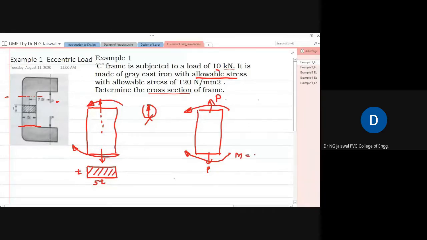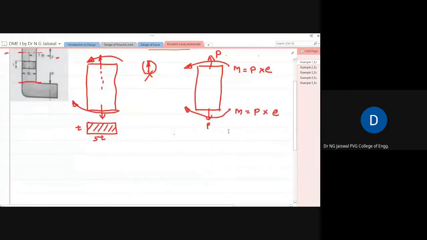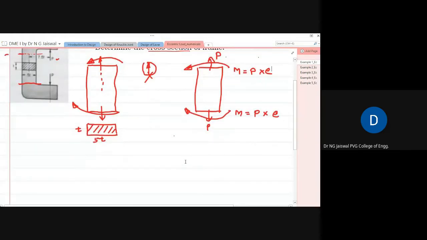M is equal to the force which you transferred times the distance through which you transferred. The distance is the eccentricity, so M is equal to P into E. So this is my loading now. Now you think of one loading at a time.